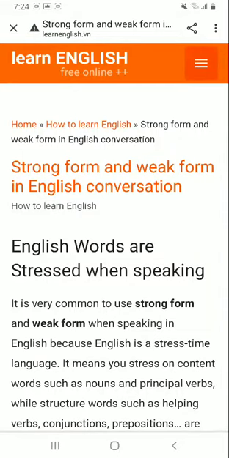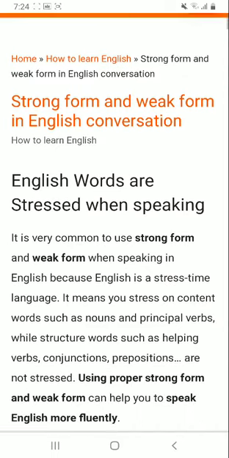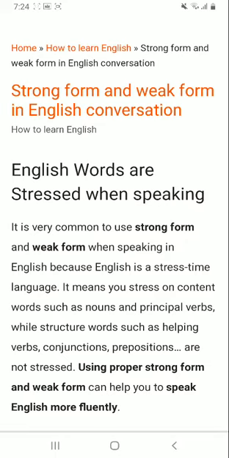Today we are going to see the next topic from unit number 1. The previous day, that is on Friday, I uploaded about word stress. In the same topic, we have one more subtopic, that is weak and strong forms of words.